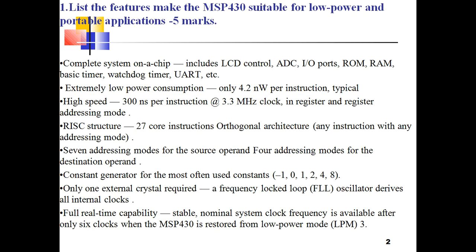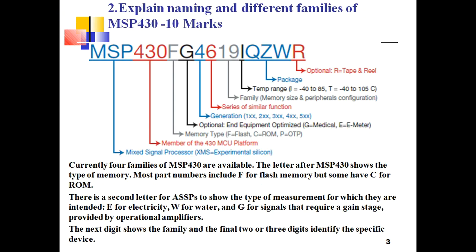It has full real-time capability. It is stable. Nominal system clock frequency is available after only 6 microseconds when MSP430 is restored from low power mode LPM3. These are the main features that make MSP430 operate in low power and portable applications.